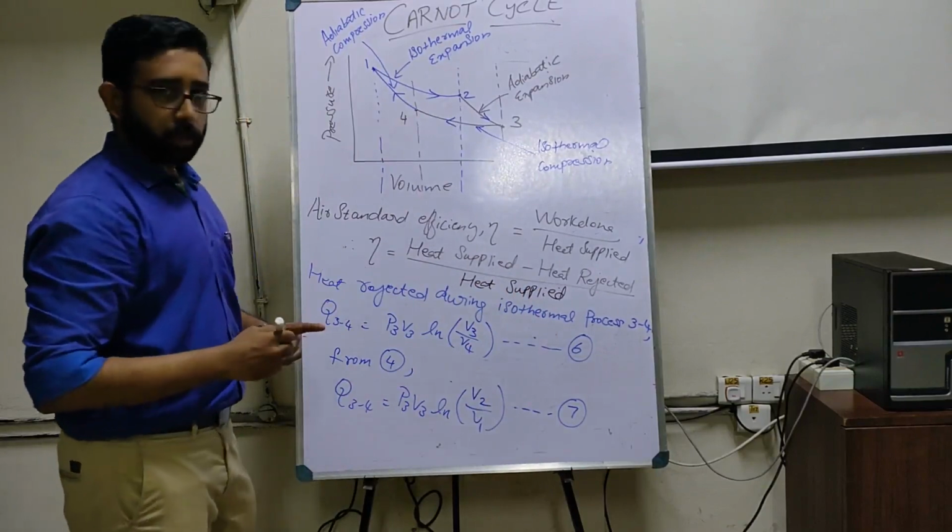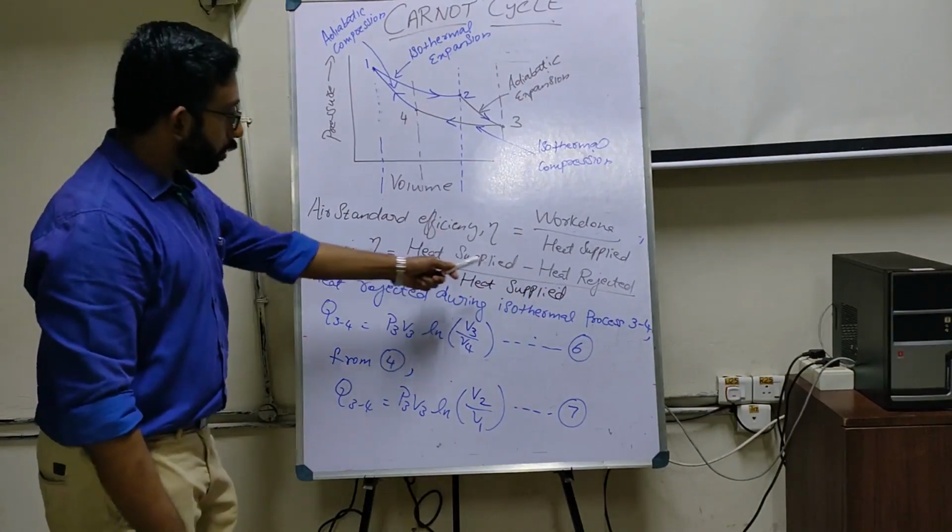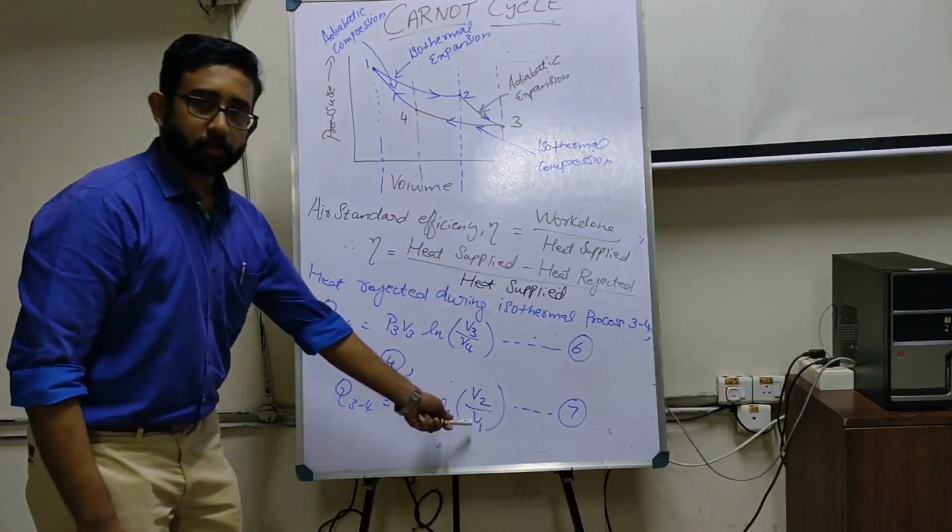Okay, now the heat supplied was given by equation 5 and heat rejected is given by equation 7.